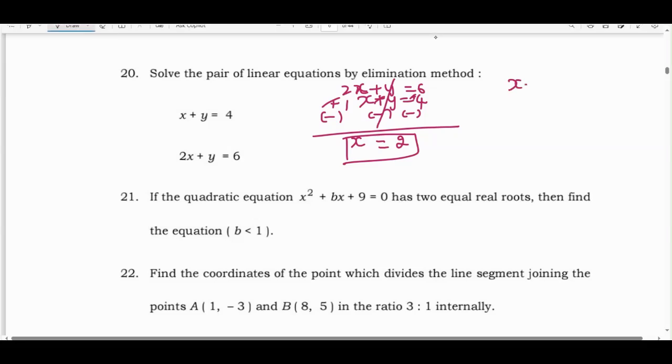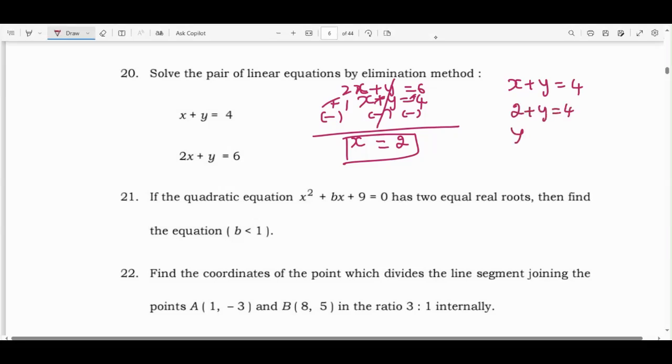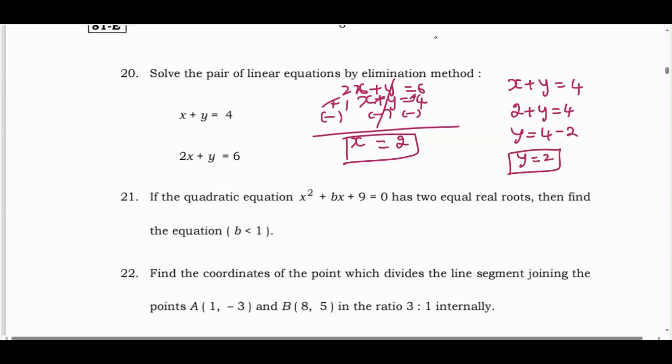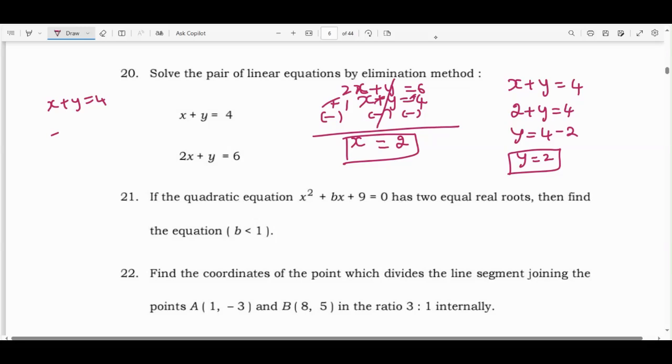Then take any one equation to find the value of y. x plus y is equal to 4. x is 2, plus y equals 4. So y will be 4 minus 2. So the y value will be 2. So the value of x is 2 and y is 2. If you want to verify, you can just write x plus y equals 4. x is 2 and y is also 2.